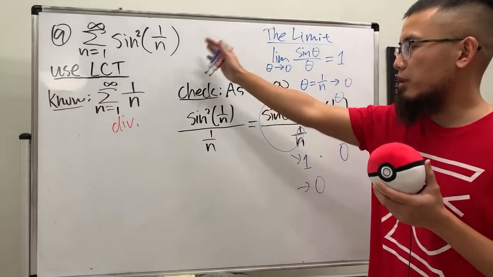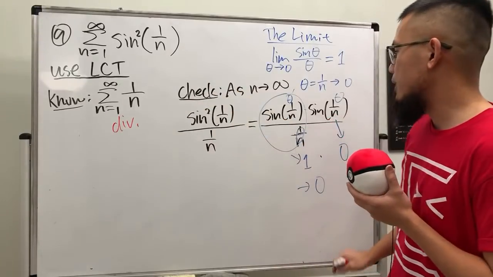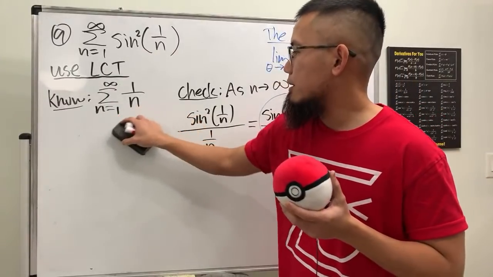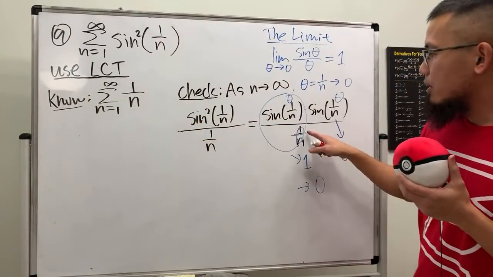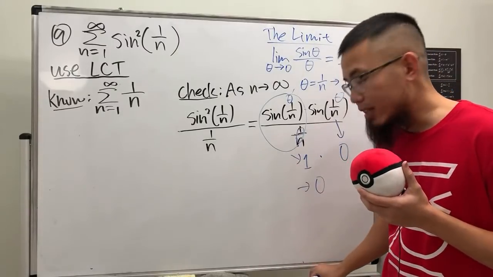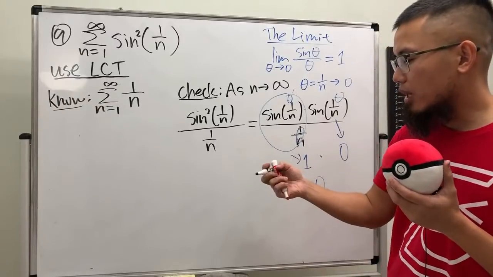We cannot say this right here converges or also diverges. We cannot do that. Right? Well, the truth is, we only have 1 over n. If earlier we had 1 over n squared, this would be a different story. So have a look.